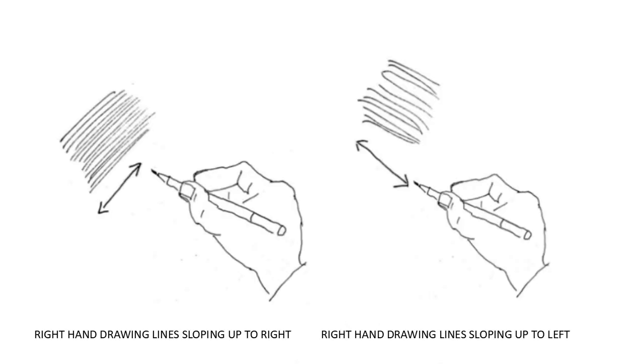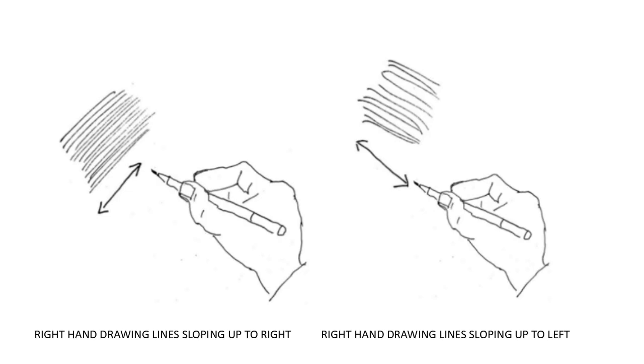For example, if you draw with your right hand, you'll probably find that it's much easier to make a series of lines going from left up to right on a slant than it is to make them go from left down to right. Because one on the left, you can see that you can move your hand back and forward quite easily. The other one, you have to move it up and down, moving your elbow, and that's more difficult.